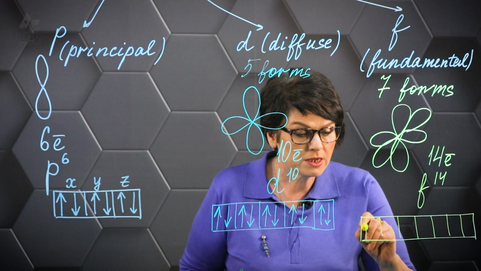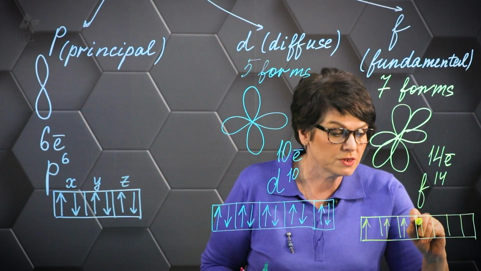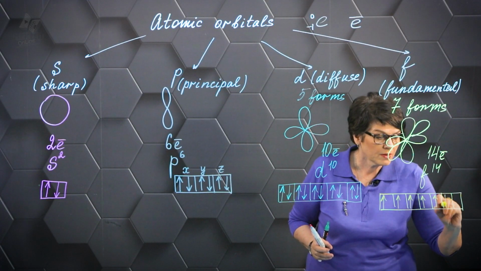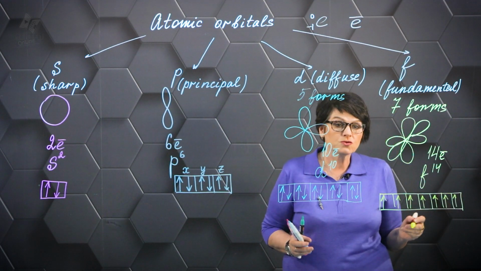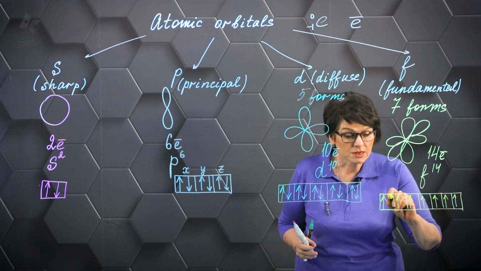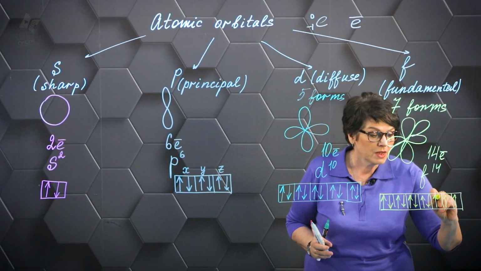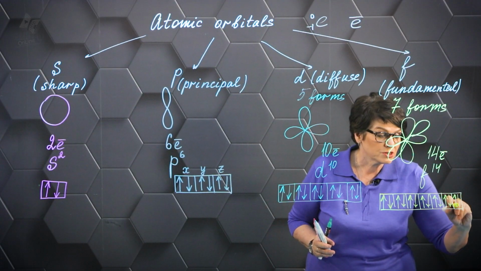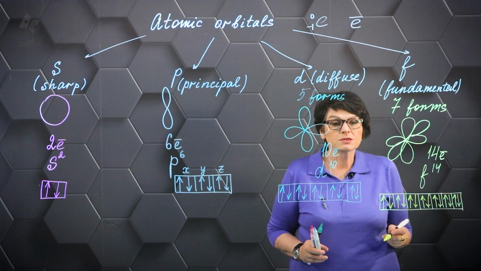First, the electrons are distributed by the up arrow. And when all the quantum cells are filled one at a time, then the electrons are placed downwards. If 2 electrons are present in a quantum cell, they are referred to as paired electrons.